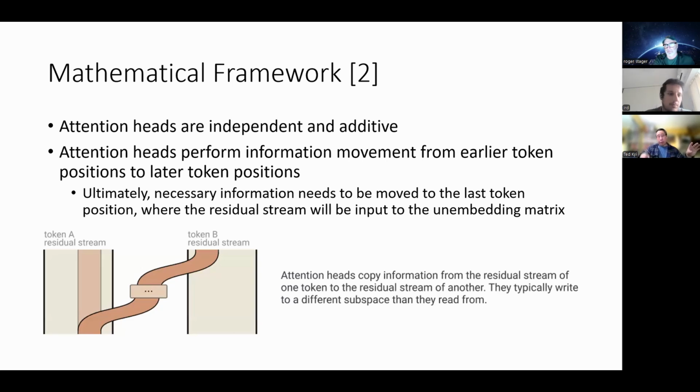Later on, the current token position could decide to grab that information and pull it forward. So if there were a sentence about famous landmarks in San Francisco, the probability of Transamerica or Golden being the next token might suddenly go up an awful lot.